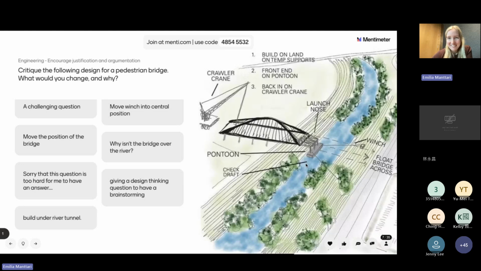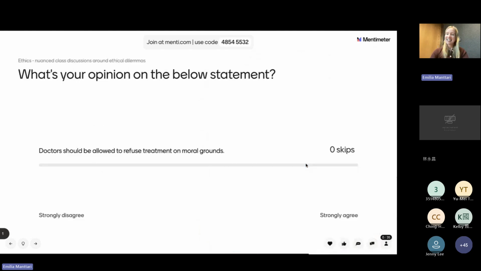Okay. But moving on from the engineering example, since that was a bit of a tricky one, we have an ethics question. This one is probably a little bit easier for you, so you don't need to be an expert in ethics in order to answer this.